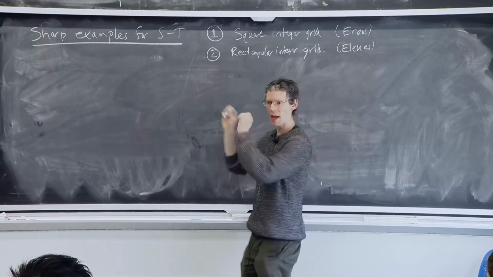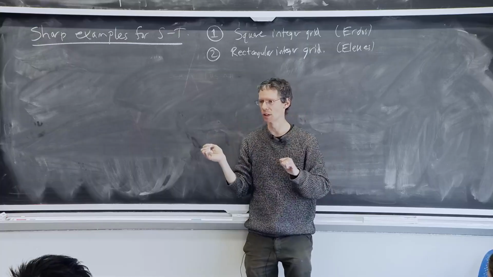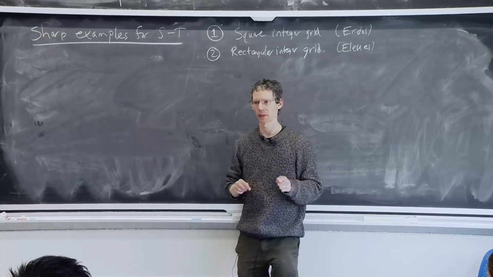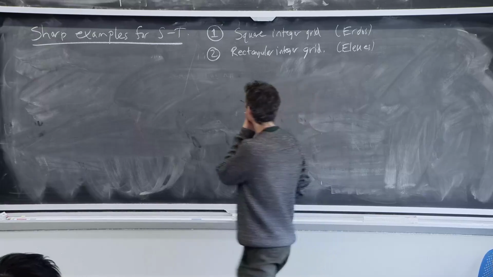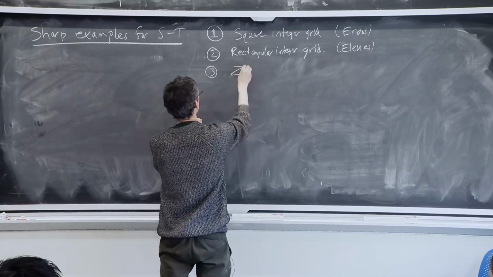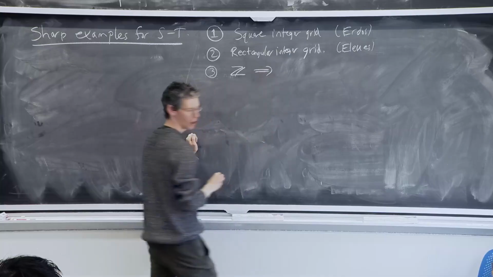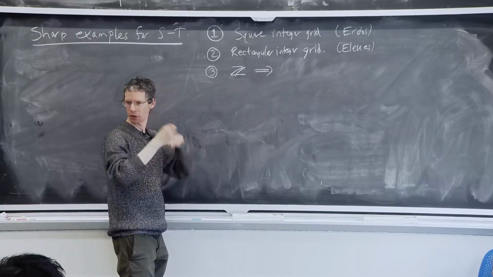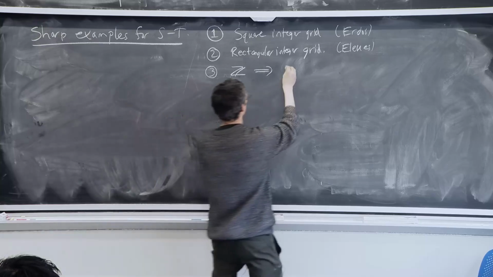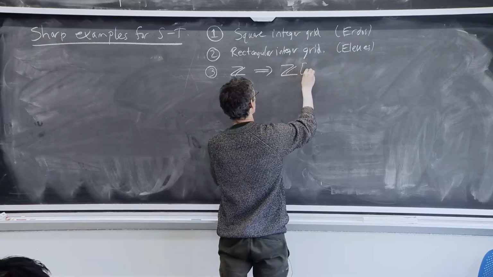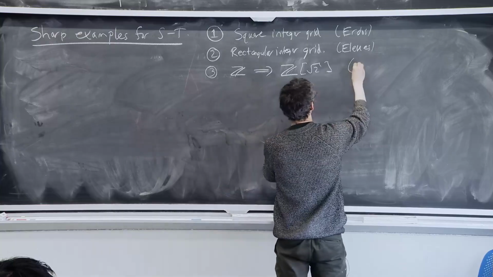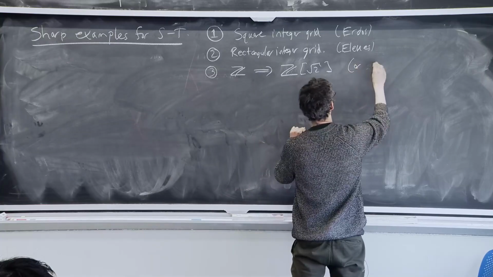So instead of n by n, just put n1 by n2, and then do a similar analysis. OK. And then there is a third thing that we can do, which is to replace the integers by integers in some other number field. So for example, integers adjoin the square root of 2. Or perhaps other number fields.